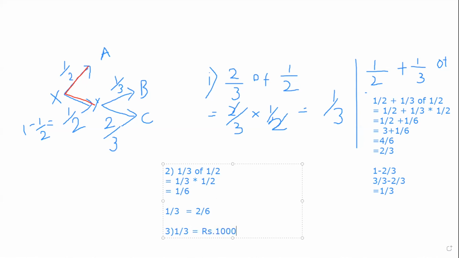The whole portion is 3 over 3, so you have to multiply this by 3. So the initial amount is rupees 1000 into 3, and the answer is rupees 3000. Is it clear?